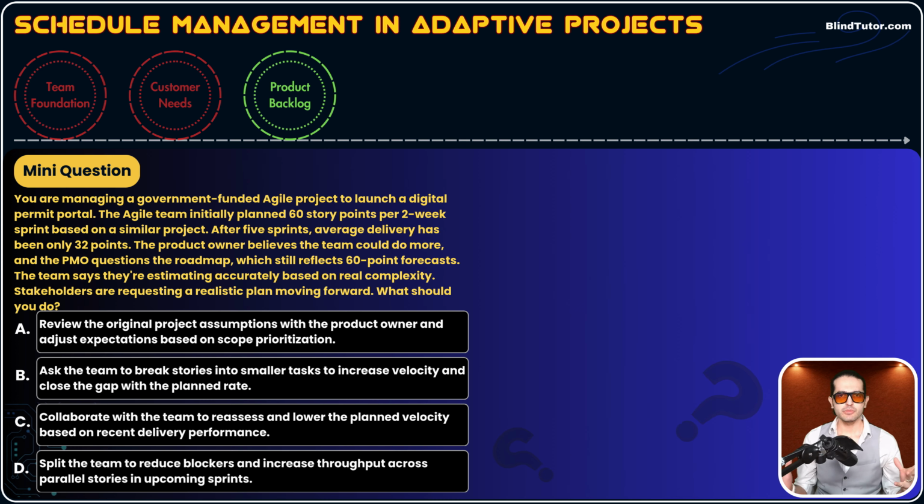Guys, what's the problem? In the early days of the project, when stakeholders asked for a high-level schedule, the project manager or Scrum Master provided a roadmap. That roadmap was based on the assumption that the team has a velocity of 60 story points per 2-week sprint. This was an assumption.